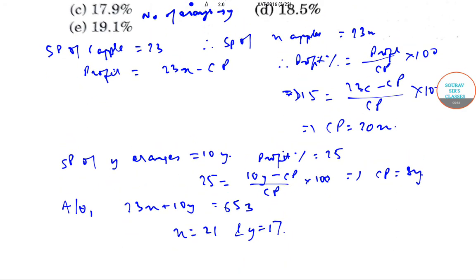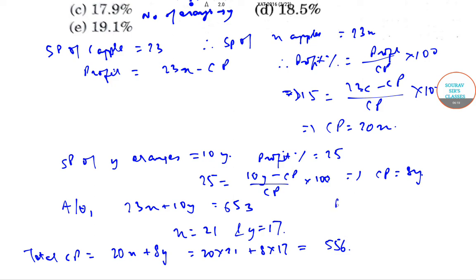Therefore, total CP is equal to 20x plus 8y, that is 20 into 21 plus 8 into 17. This comes out to be 556.